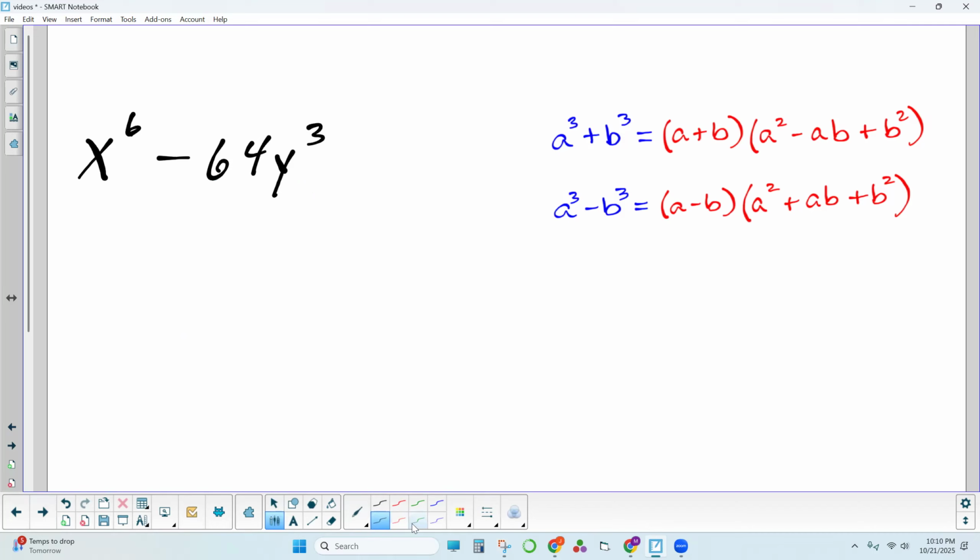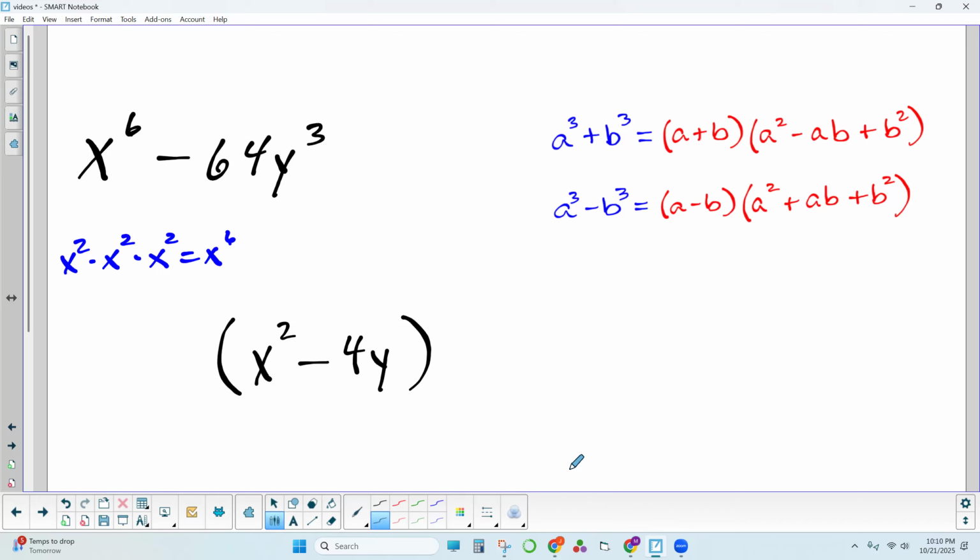x squared. And just to show that, x squared times x squared times x squared is in fact x to the sixth. So this is x squared minus 64y cubed, whose cube root is 4y. And now we're going to take a and square it.